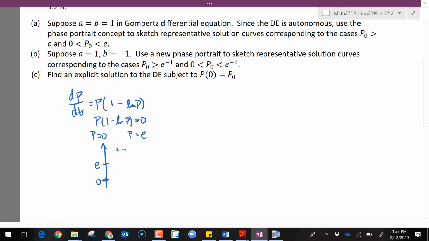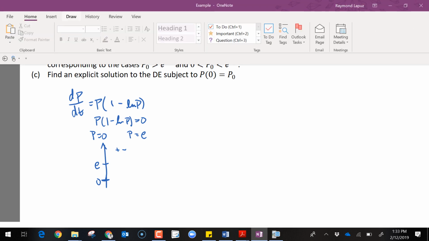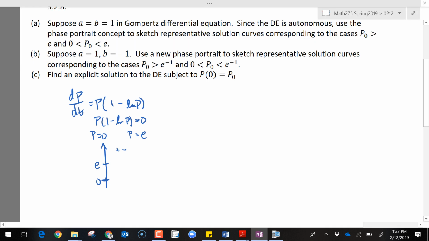So that's going to give us something that goes down. And then if we have a number between 0 and e, we would still get a positive for the P, and then 1 minus something like half of e. The 1 would be bigger than that number, I would guess. And so this would be positive.